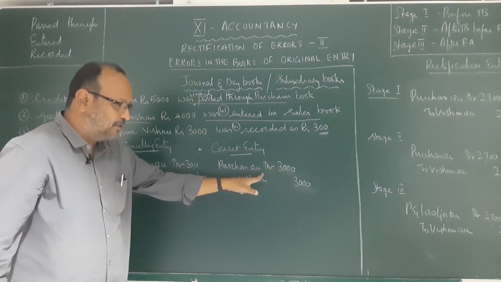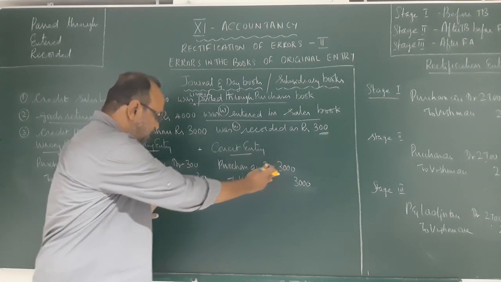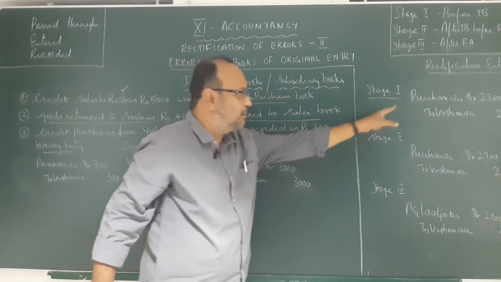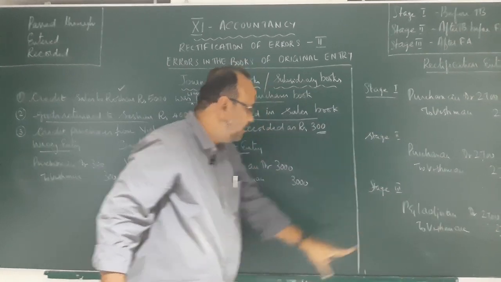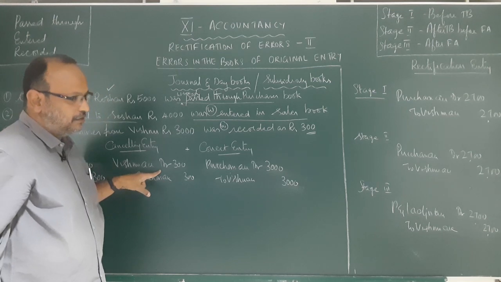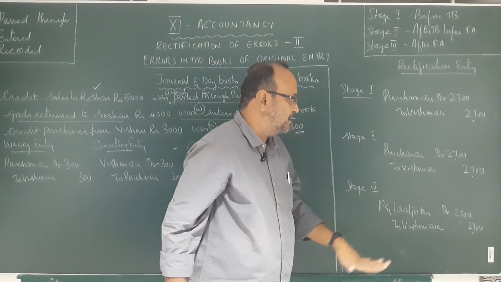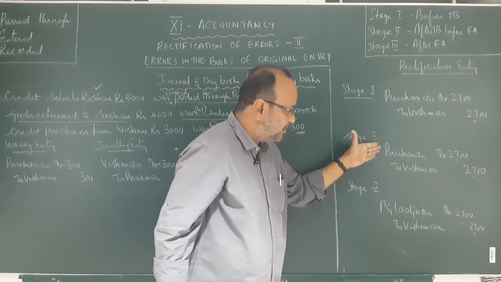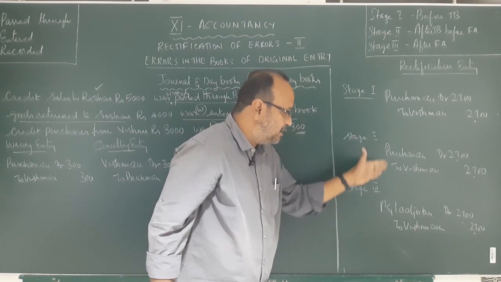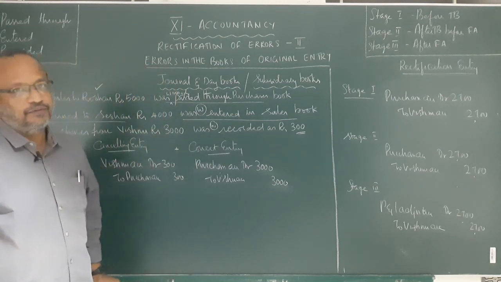When we combine it, purchase account credit 300 and debit 3000, the difference is purchase account debit 2700. Vishnu account 3000 rupees in the credit and 300 rupees in the debit. The difference is 2700 in the credit, we write to Vishnu account 2700. The second stage, purchase account debit to Vishnu account, the same journal entry. Third stage, instead of purchases, we write profit and loss adjustment account debit to Vishnu account 2700.